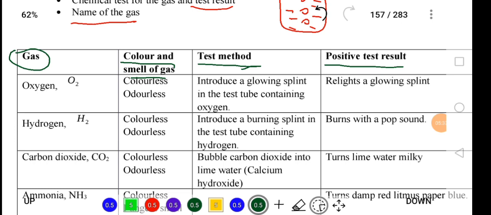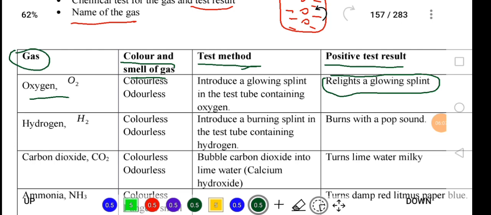And we ensure that for the production of oxygen, we will provide the reagents that when you mix them, you are going to produce oxygen. Now, how are you going to know that indeed oxygen gas has been produced? You are going to look at the positive results from the chemical reaction.